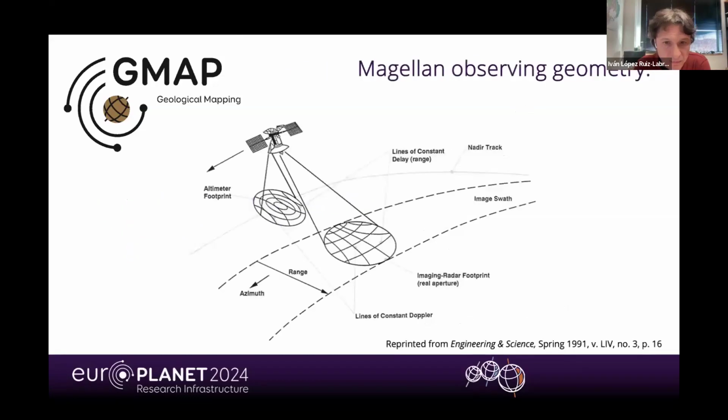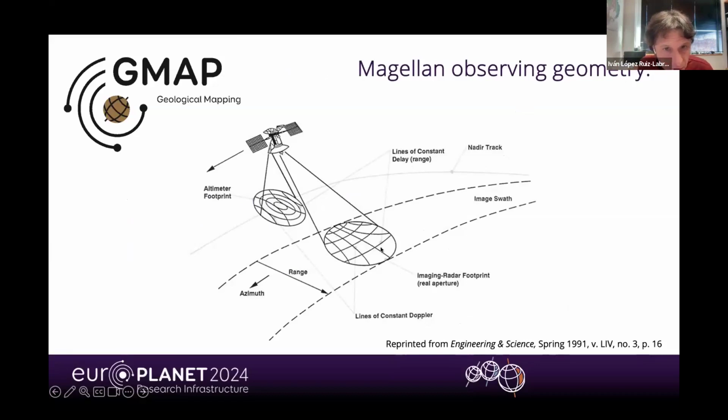One important thing to consider when you are interpreting these radar images, and it's something that is going to be present in the hands-on later, and we are going to repeat this several times because it's very, very important for you to understand what you are seeing on the surface, is that these radar sensors move in orbit, illuminate the surface laterally, and measure the return.